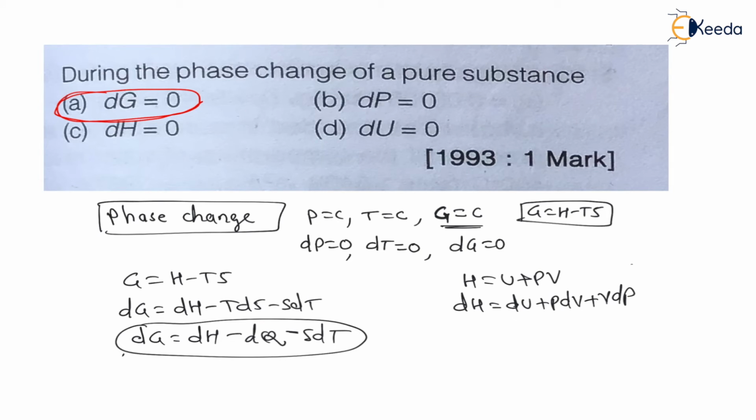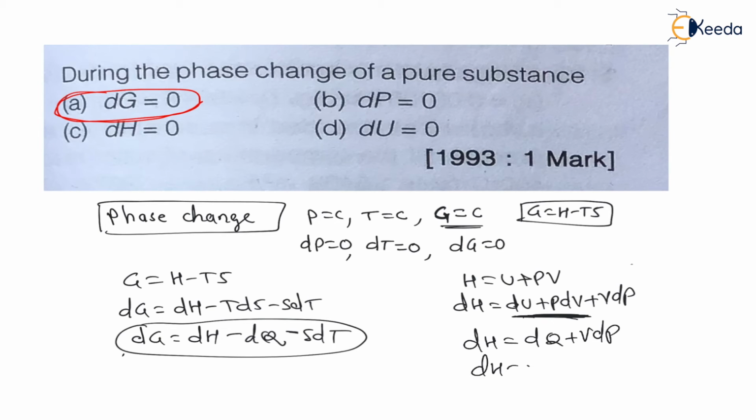This is how we are doing partial derivative: pressure constant, derivative of volume; volume constant, derivative of pressure. Here dU plus P dV is nothing but heat. P dV is work, and internal energy plus work is heat. Therefore, dH is equal to dQ plus V dP, right?